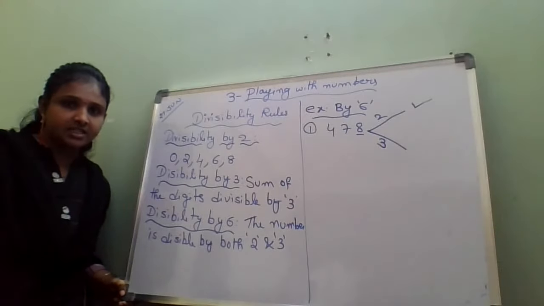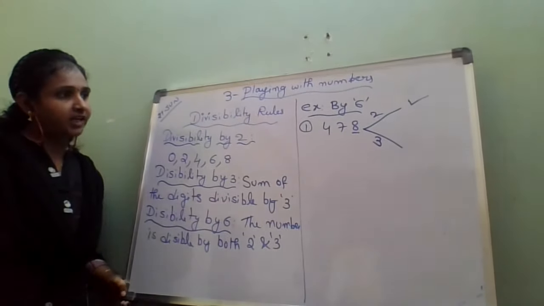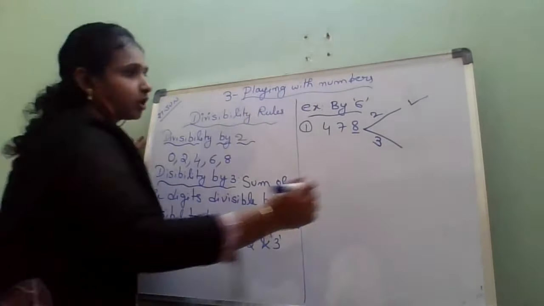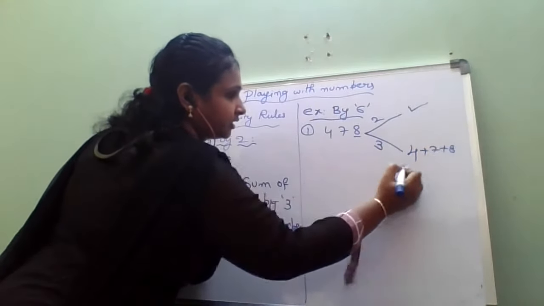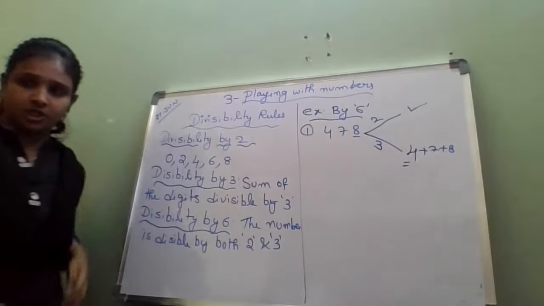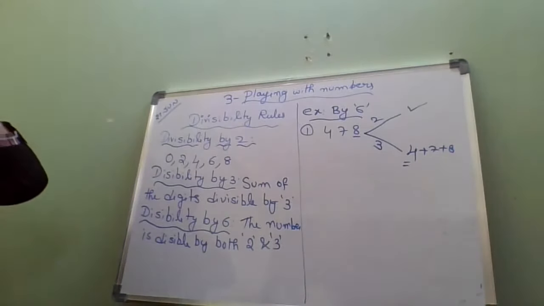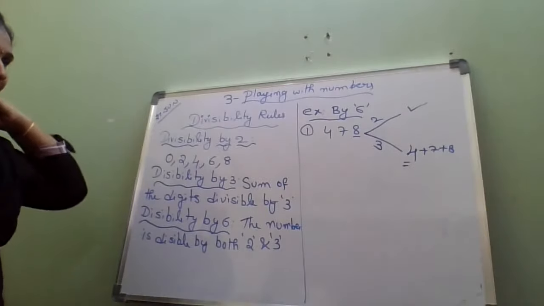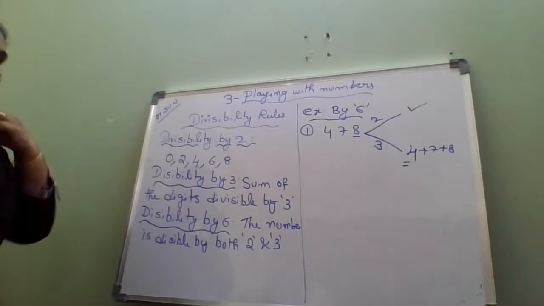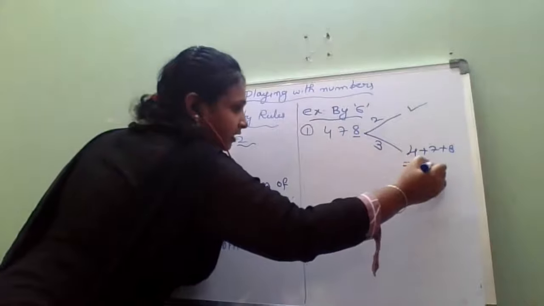And for this number, the sum of the digits: 4 plus 7 plus 8. How much is the sum? 4 plus 8 is 12, plus 7 is 19.